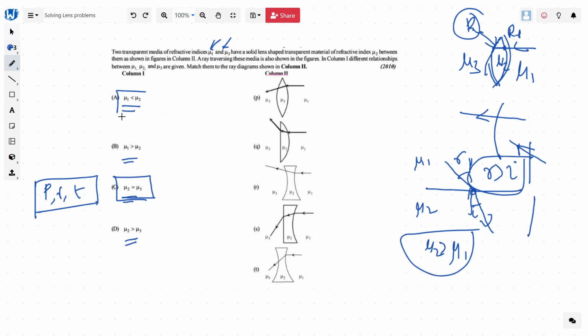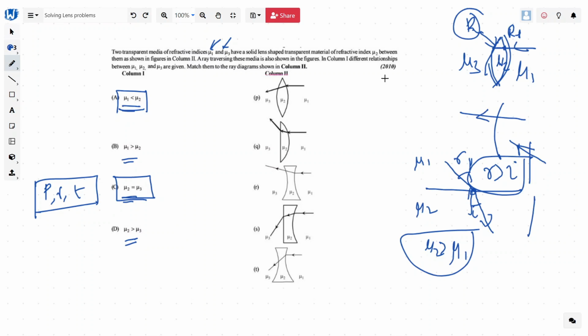So here is the case where we consider the refractive index of the lens. Let's look at this example, where we say mu2 is greater than mu1, which means the ray of light has to bend towards the normal. Now, which are the cases where the ray of light is bending towards the normal?